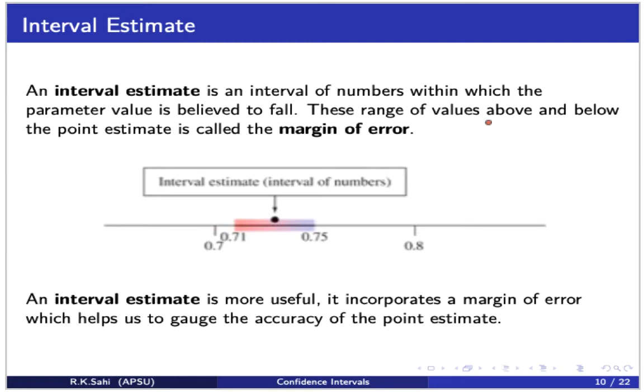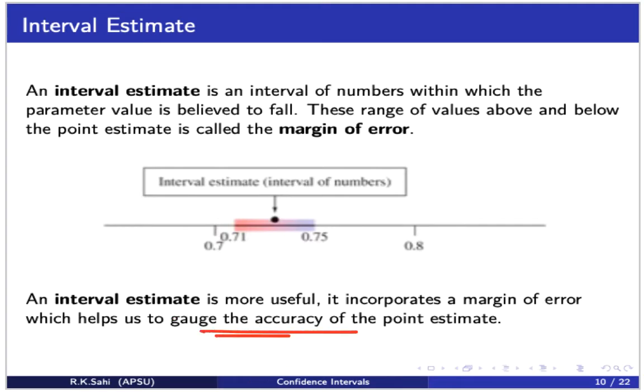But if I say there's a range of values over which I think the population parameter will fall, you feel more confident there. So that's why interval estimates are more useful, because they incorporate a margin of error. That means you're adding a range of values above or below the point estimate. And this helps us to gauge the accuracy of the point estimate.